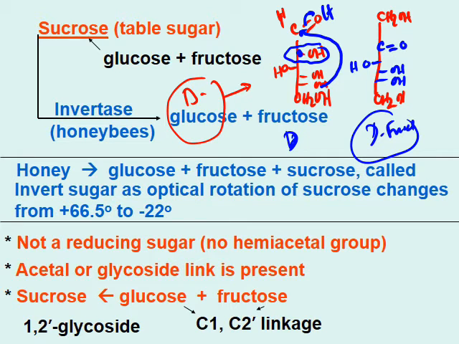This is the alpha anomer because the OH group in the newly created center, carbon 1, is directed to the right. That's why it's alpha. On the other hand, ring formation in the case of fructose will give OH directed to the other side.